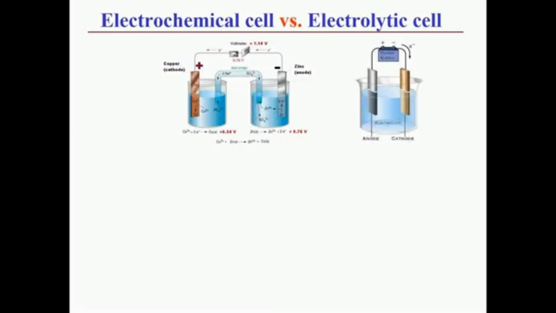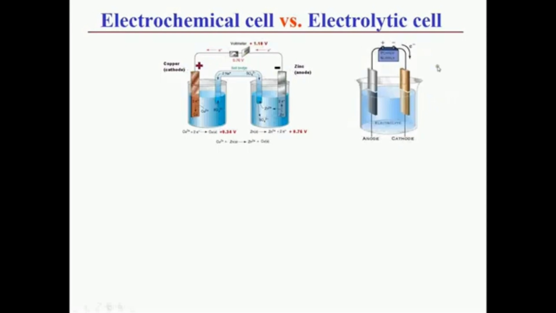Let's compare the electrochemical cell and the electrolytic cell and see in what ways they are different. The electrochemical cell consists of 2 half cells connected by a salt bridge. In the external circuit, the electrodes are connected through a high resistance voltmeter which reads the potential difference between the 2 electrodes.